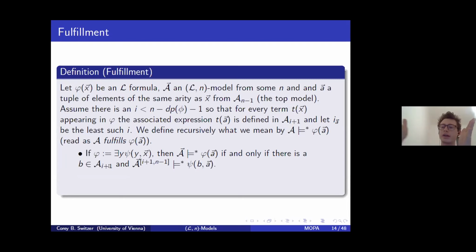So I can't go arbitrarily high up in the LN model to find my witness B. It has to come from the next one. So I pick the next one, and then I forget about this whole section that I had before, and I just look at this end segment of my sequence, and I say, does that fulfill C of B comma A vector?